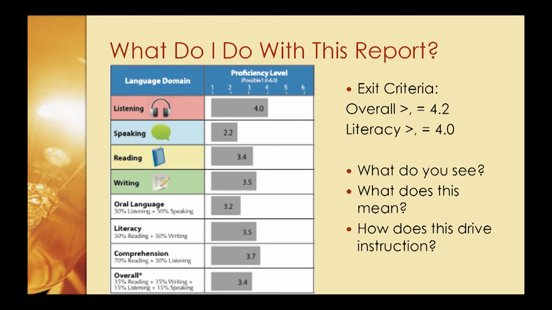That listening score was off the roof. We had tons of children, and I'm thinking, they got a 6 in listening? No way. And they did. They scored a 6 in listening and then would score a 2.0 or lower in speaking. So we were seeing a big discrepancy.